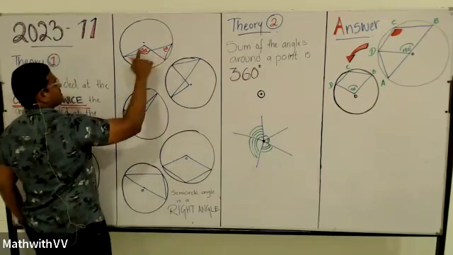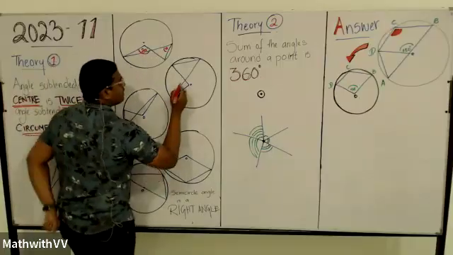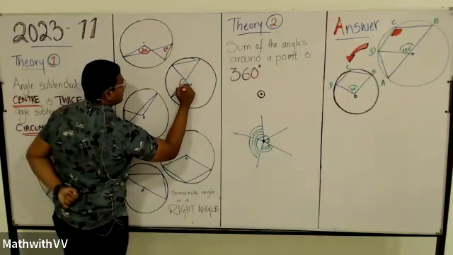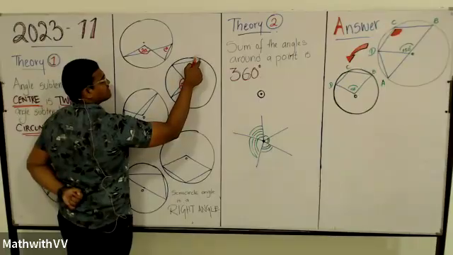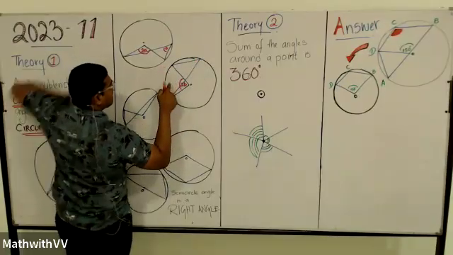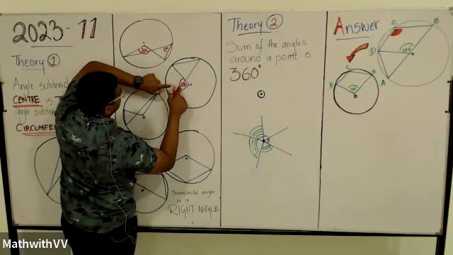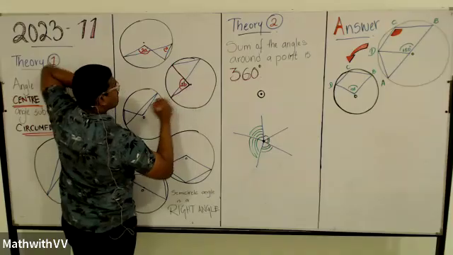Center, circumference. Similarly, angle subtended at the center. If this is 2B, the circumference point hits here, not this. Why? This arm and this arm are the ones which form this angle. Without this arm and this arm, you can't form the angle.